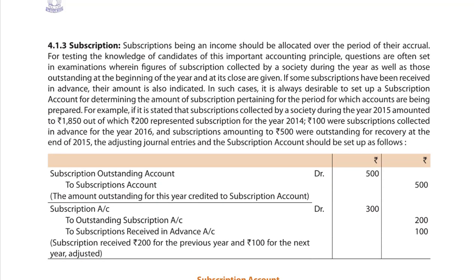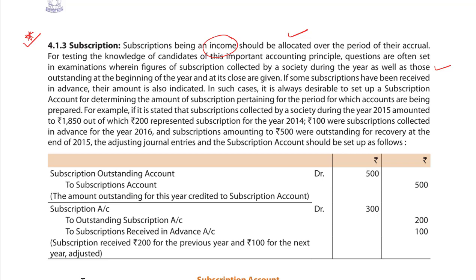Next is subscription. Subscription, being an income, should be allocated over the period of its accrual. For testing the knowledge of candidates of this important accounting principle, questions are often set in examinations wherein figures of subscription collected by the society during the year, as well as those outstanding at the beginning of the year and its close, are given.